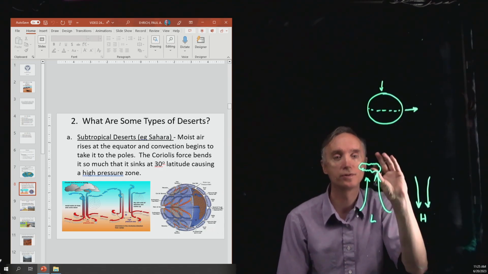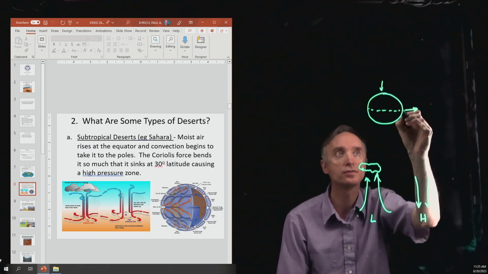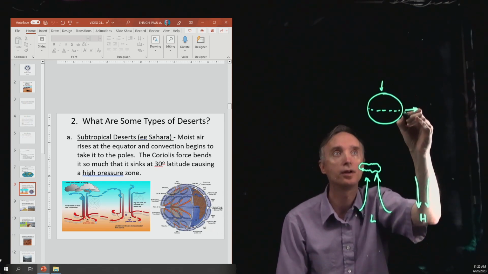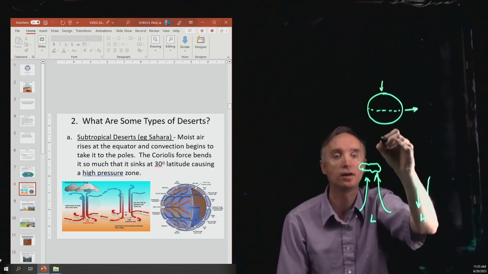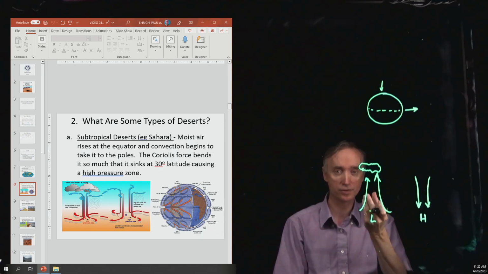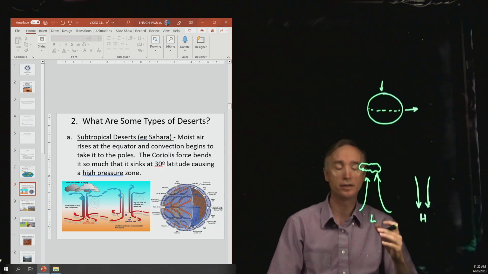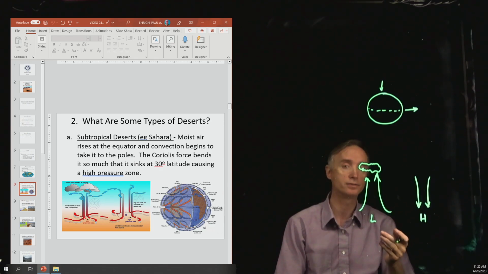If the Earth was not rotating, there would just be one convection cell in the northern hemisphere and one in the southern hemisphere. But because the Earth is rotating, that causes a Coriolis force that tends to bend wind systems to the right.